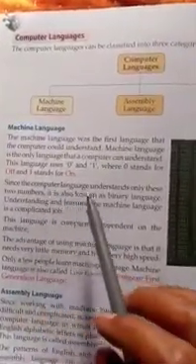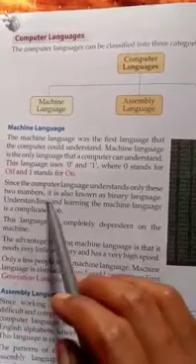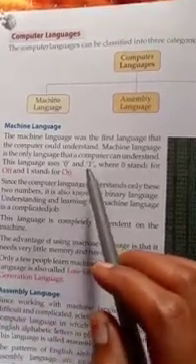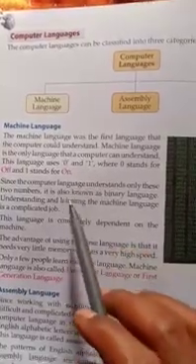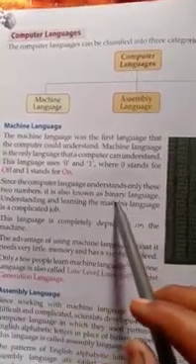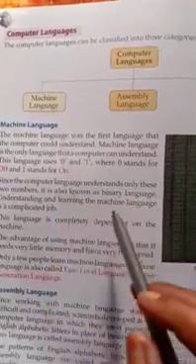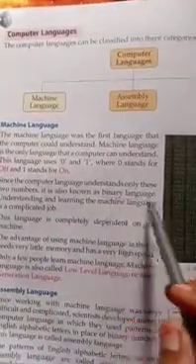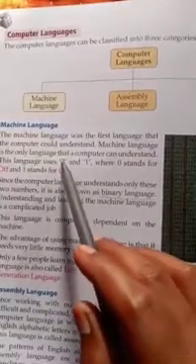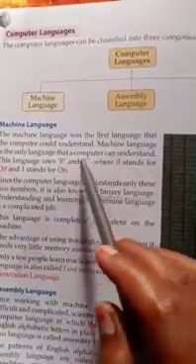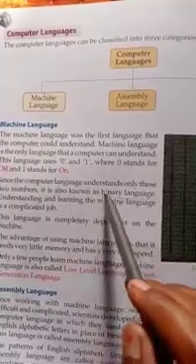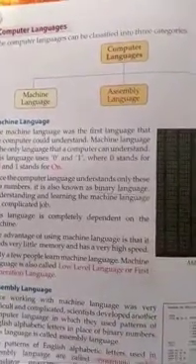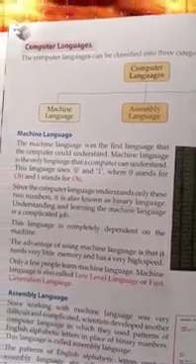The computer understands only these two numbers, 0 and 1. It is also known as binary language. Why is it called binary language? Because it uses only two numbers, 0 and 1. Bi means 2. So machine language is also known as binary language.